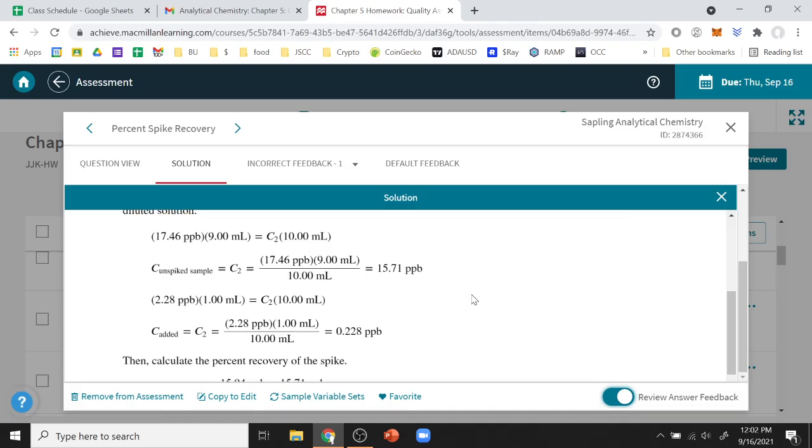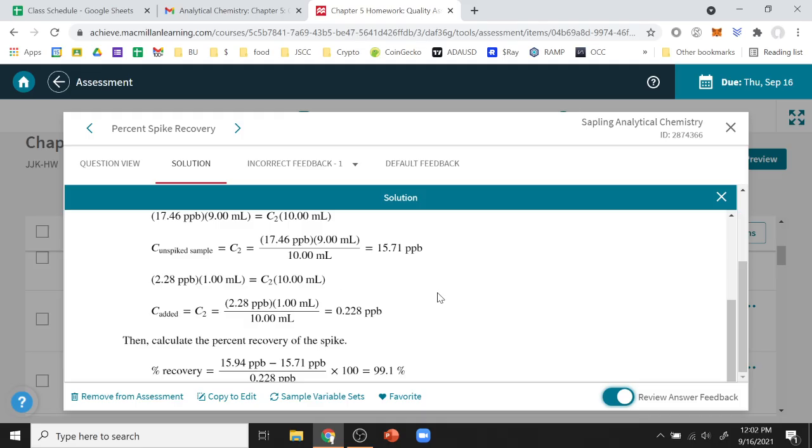Okay? Well, the other part of that sample is going to be the stuff you added, the spike. And so this will be the concentration of the stuff you added. It's going to be 2.28 parts per billion. You added 1 milliliter of it, and it has a total volume of 10 milliliters.